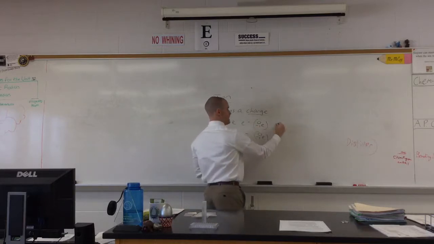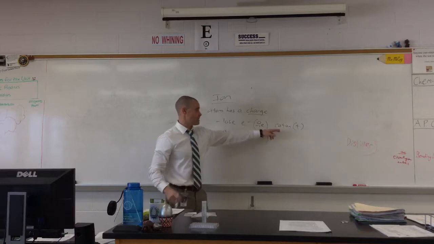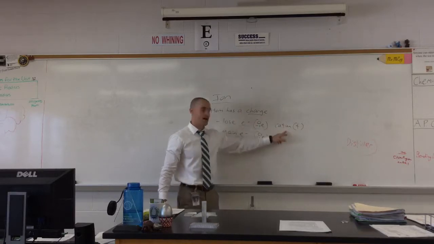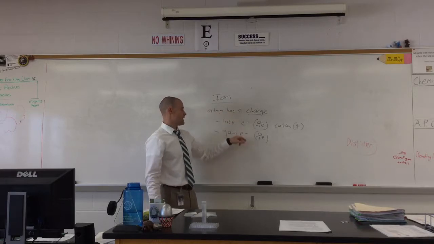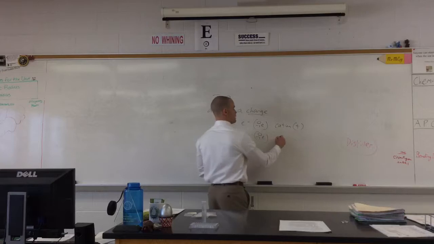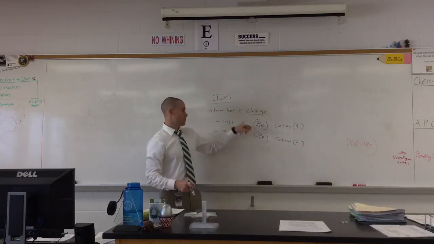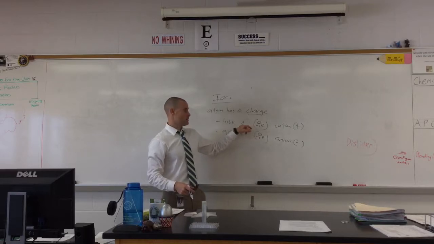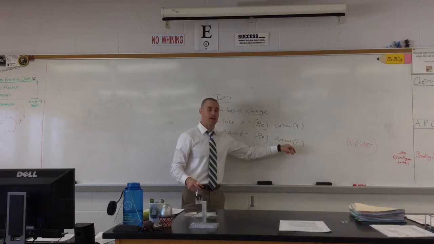So this is a cation, which is a positive ion, positive charge. If an atom gains negative charges, you'll become an anion, which is a negative charge. So losing electrons becomes positive, gaining electrons becomes negative.